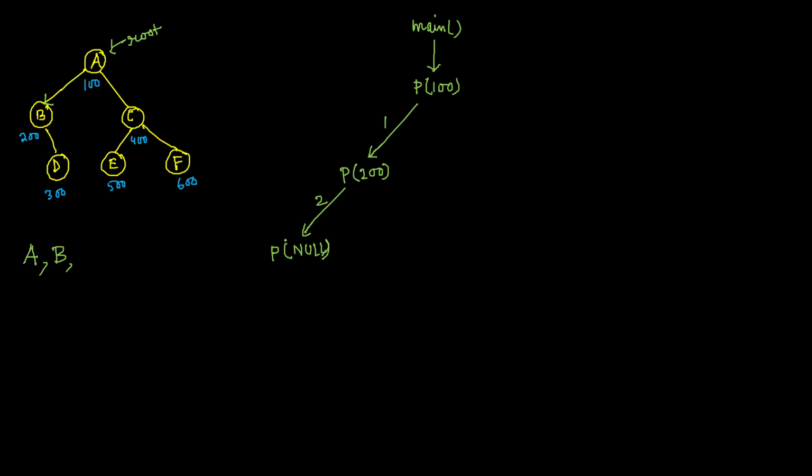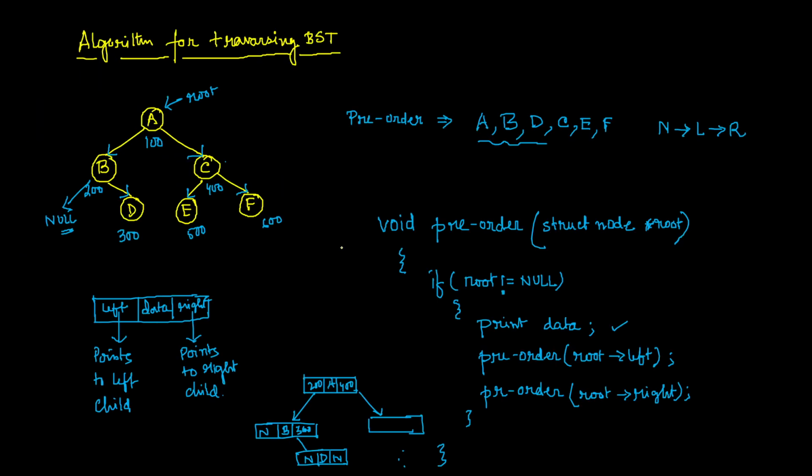So what will happen? Naturally the control will return back to the pre-order function from where it was called. Now from which line was this called? You see, from this line, the left, root left, right.